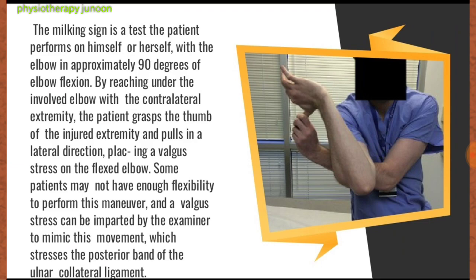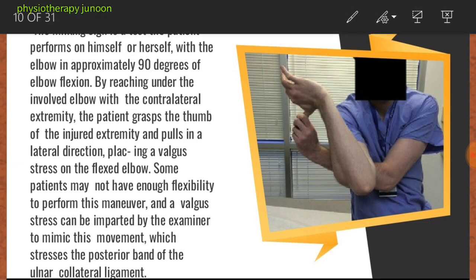The next is the milking sign. This can be performed by the patient, or with the help of a therapist. The patient performs it on himself or herself with the elbow at approximately 90 degrees of flexion. By reaching under the involved elbow with the contralateral extremity, the patient grasps the thumb of the injured extremity and pulls in a lateral direction, placing a valgus stress on the flexed elbow.